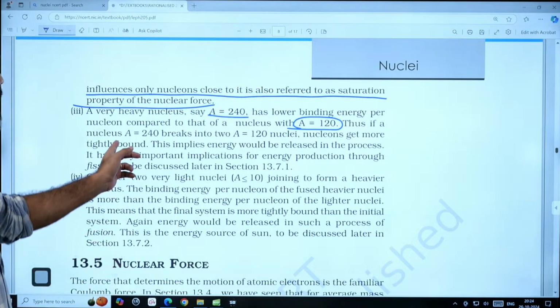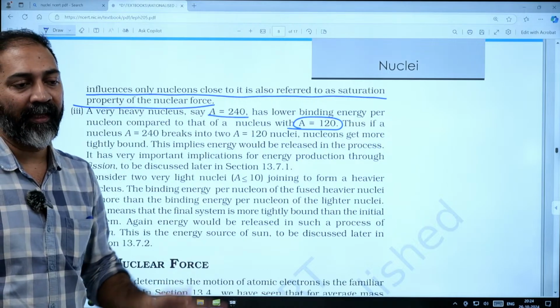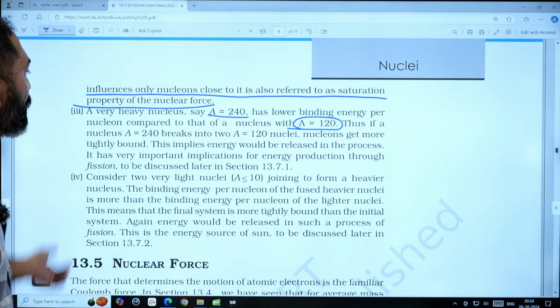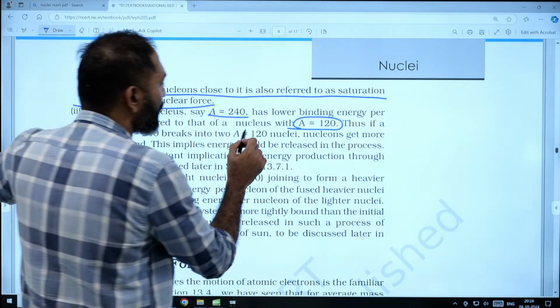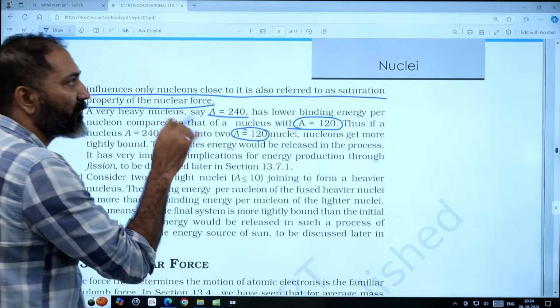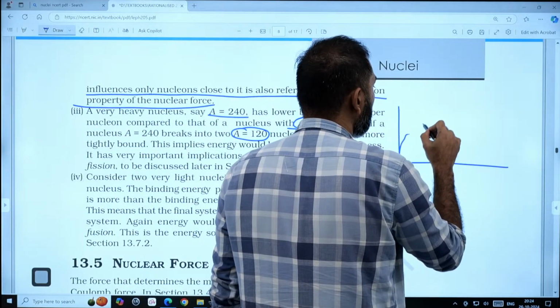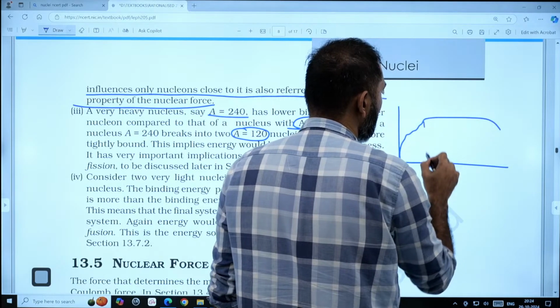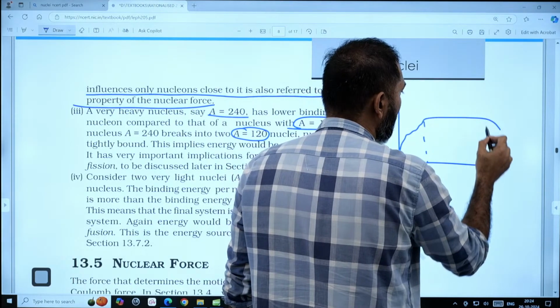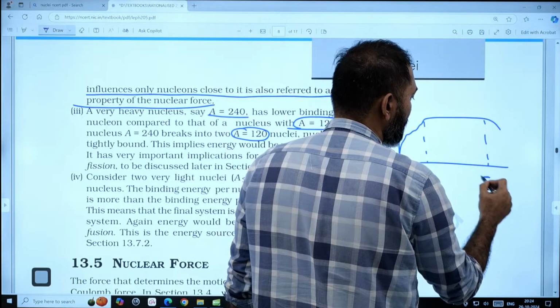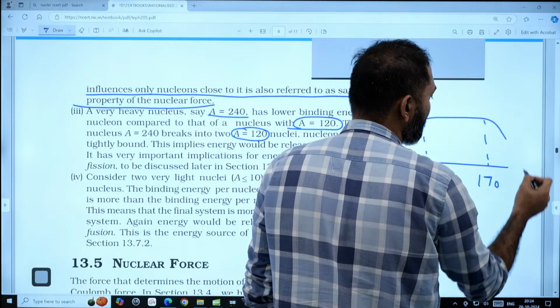Thus, if a nucleus with mass number 240 splits into two light nuclei of mass number 120 each. If mass number is lesser than 30 and greater than 170, binding energy per nucleon is lesser.